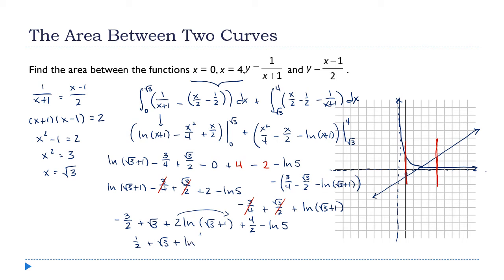This is the log of the square root of 3 plus 1, and then I'm going to bring this log of 5 in here as well, over 5. And that's it. That's all, pretty sure, all the simplifying I can do here. Right, so that's not very pretty, but that's going to be my final answer.